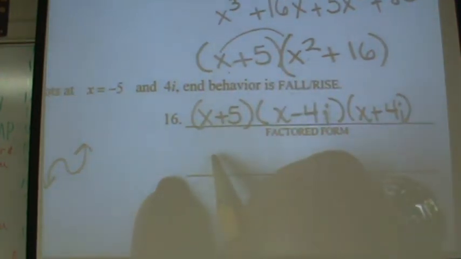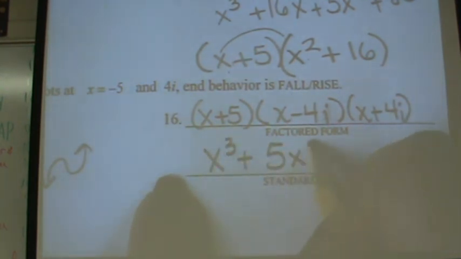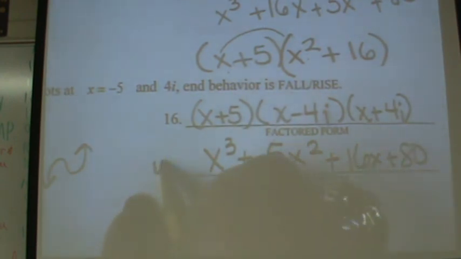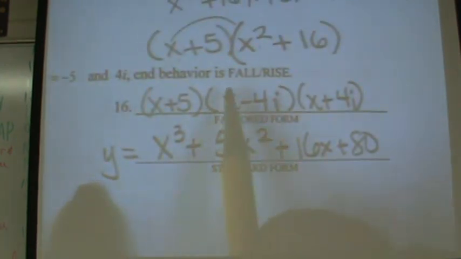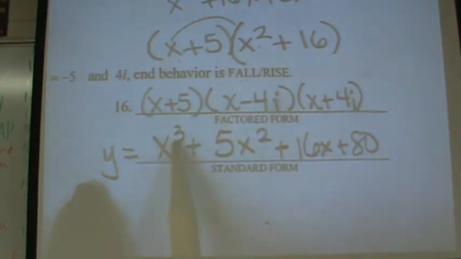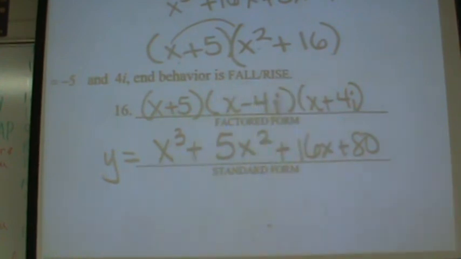So in standard form, we're going to have x cubed plus 5x squared plus 16x plus 80. And with a positive leading coefficient, it's a cubic function. It's falling on the left and rising on the right.